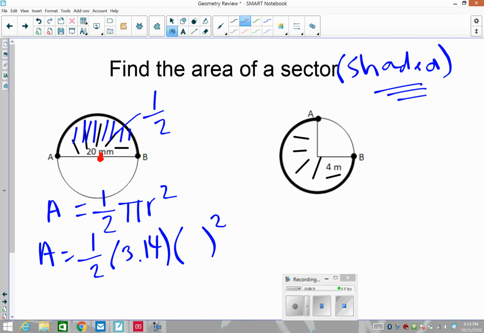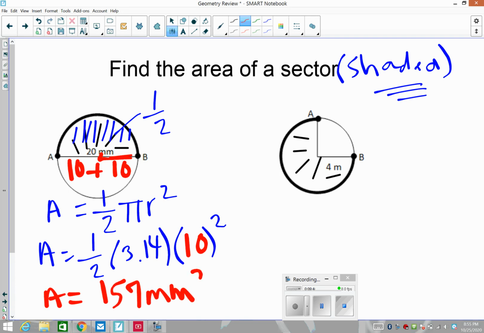The radius would be 10 because this would be a 10 plus 10 diameter. So 10 squared. So 1/2 times 3.14 times 10 squared gives us 157 millimeters squared, the area of 1/2 of the circle.